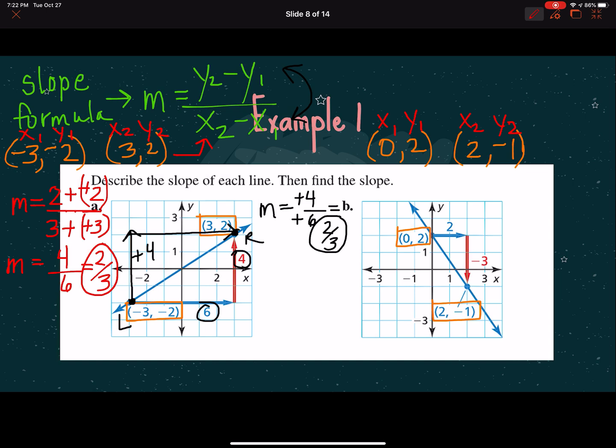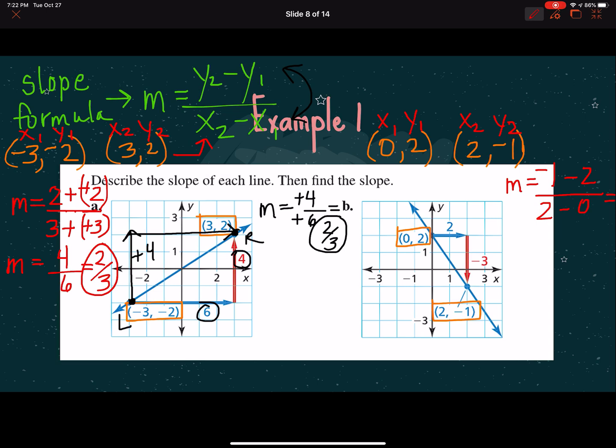Okay, so now we're going to plug these into the slope formula, and I'm just going to come right over here, and I'm going to take y2, which is -1, and I'm going to subtract y1, which is 2. I'm going to write that over x2, which is 2, subtract x1, which is 0.